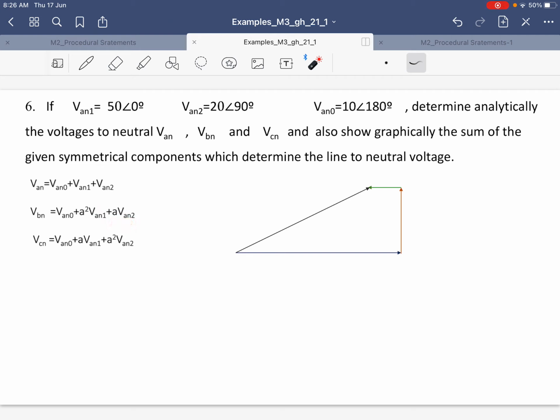And VCN is VAN0 plus A times VAN1 plus A square times VAN2. You merely substitute the given values. I will show the calculation for B here.